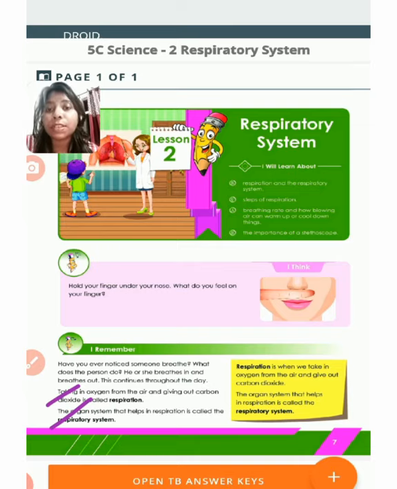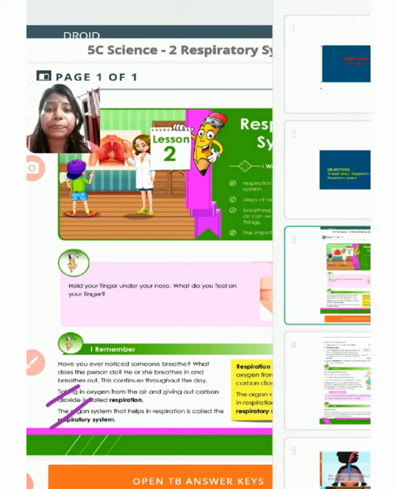Here in this chapter, in the process of respiration, some organs are involved to carry out breathing in and breathing out. The organs that help in respiration are called your respiratory system. Now we are going to see what organs are involved in the respiratory system.